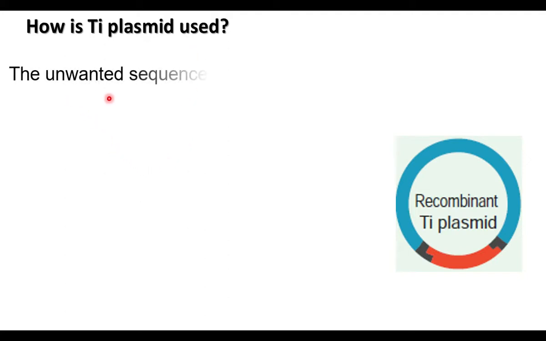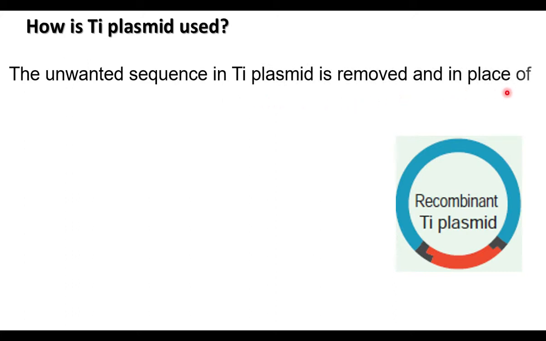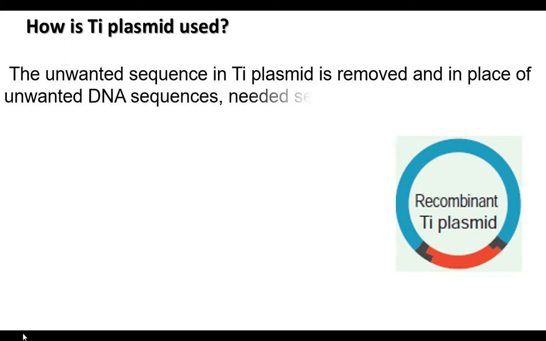The unwanted sequence in the TI plasmid is removed, and in place of the unwanted DNA sequences, needed sequences are added. After adding the needed sequences, it is called a recombinant TI plasmid.